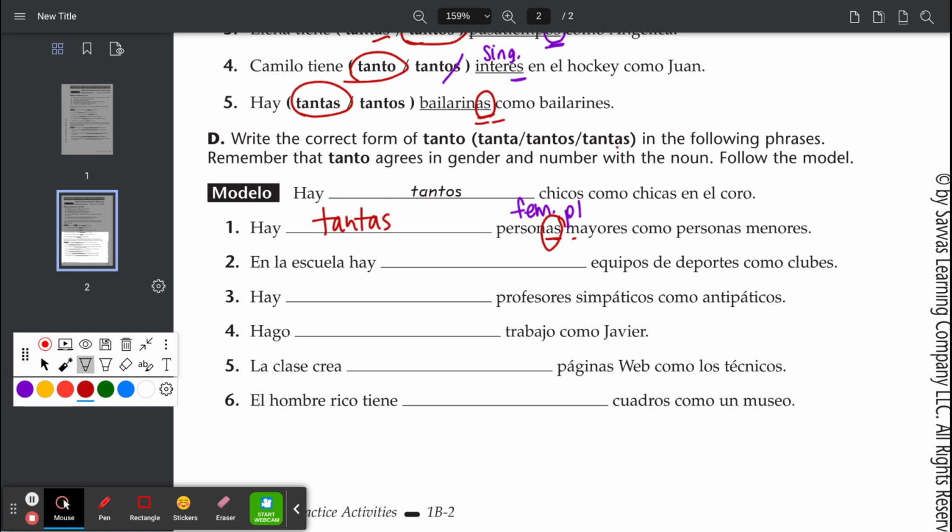Number 2, en la escuela hay blank equipos de deportes como clubes. So equipos is masculine plural. So therefore, we would use tantos.